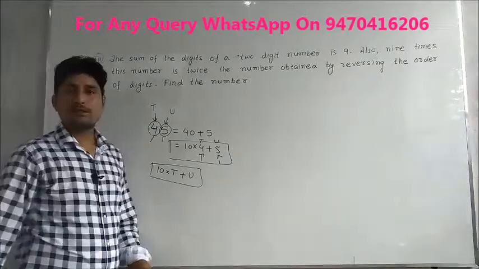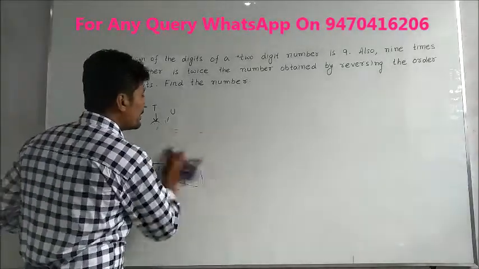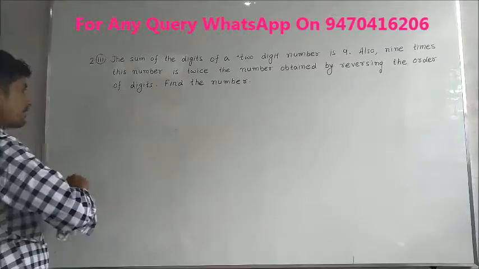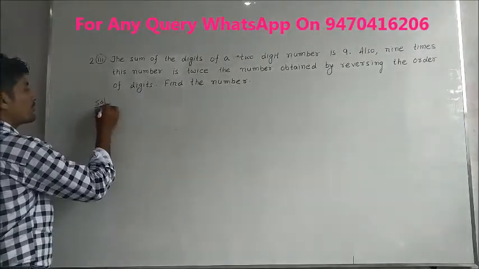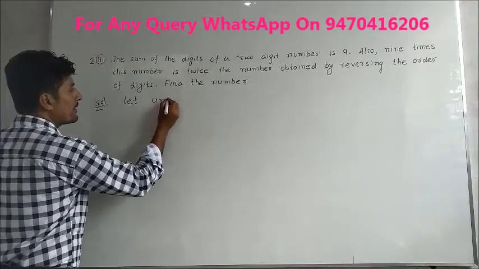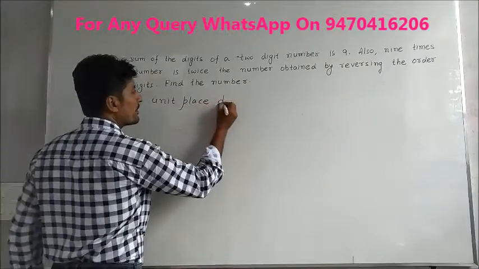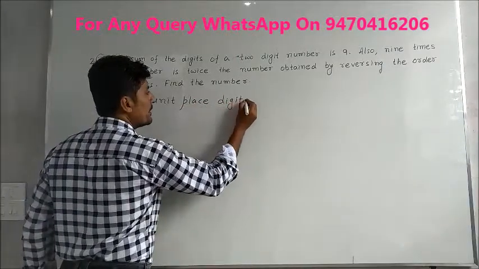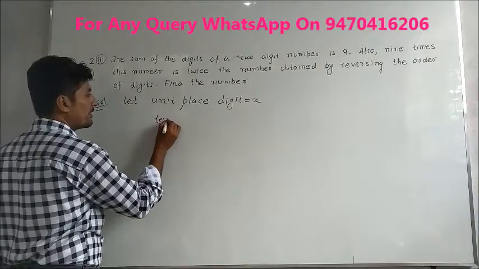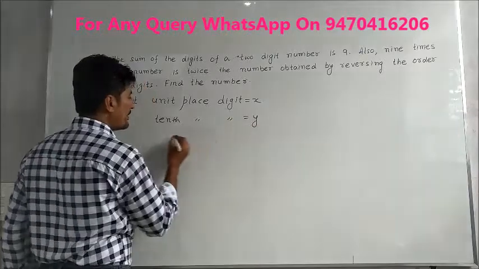So here in this question, first of all, we have to assume. Let us see the solution for this question. Let the unit place digit equal x, and let the 10th place digit be y.